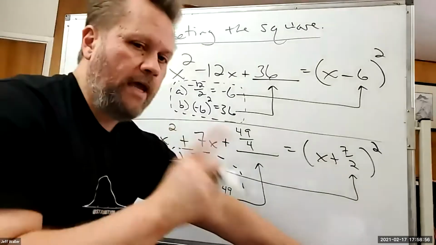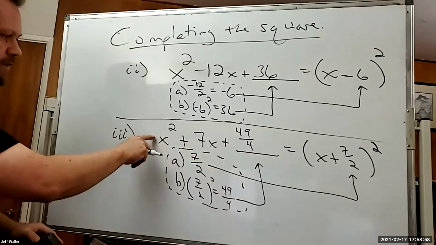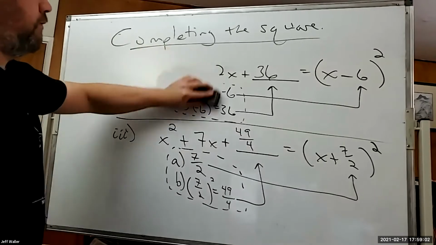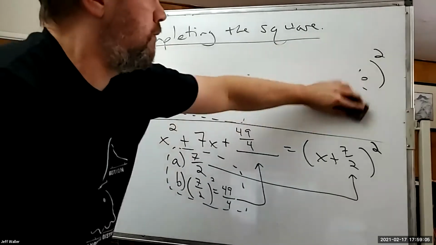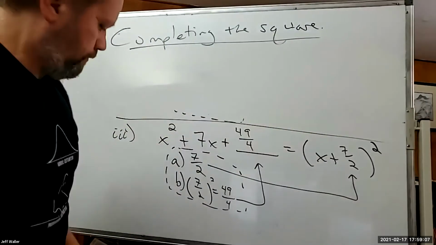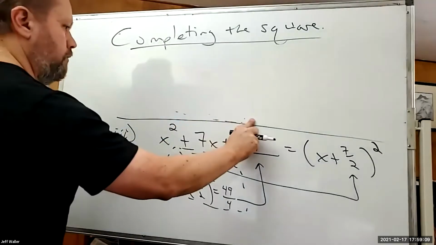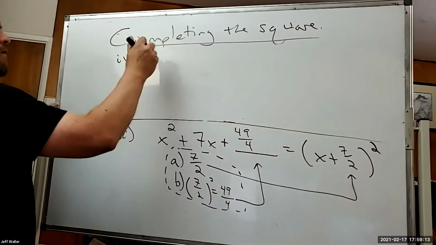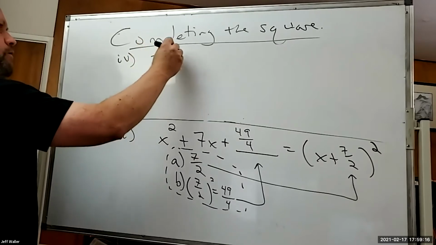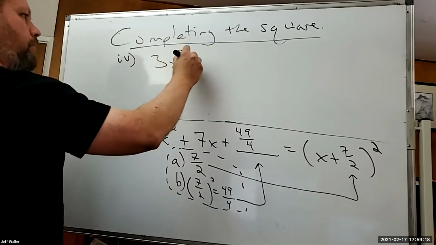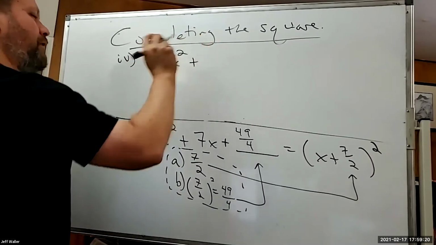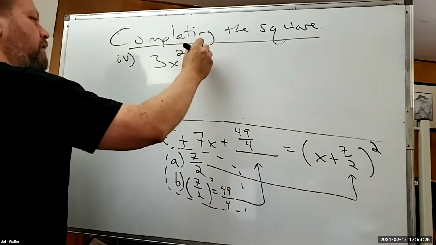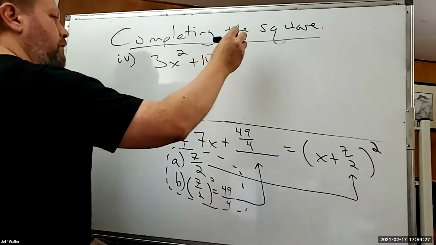All right. So now let's finally try one that has a number out front that's not 1. Let's do 3x squared. I don't want to make this too gross yet. Well, it doesn't really matter, does it?